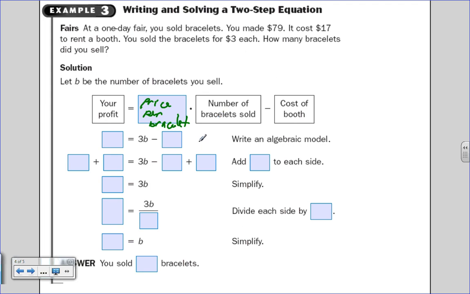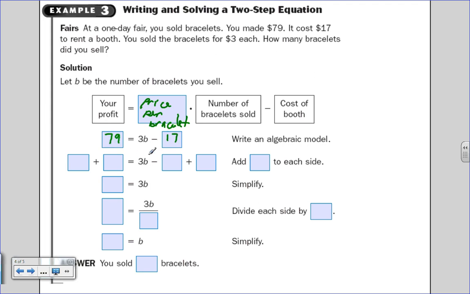Take away the cost of the booth, and then you got your profit, what's left over. So they told us that you made $79, so that's your profit. Plug that in. We know you charge 3 per bracelet. We don't know how many bracelets you sell. That's what we're trying to find. Show multiplication by writing them next to each other. And the booth costs $17. We know that. So minus the 17.